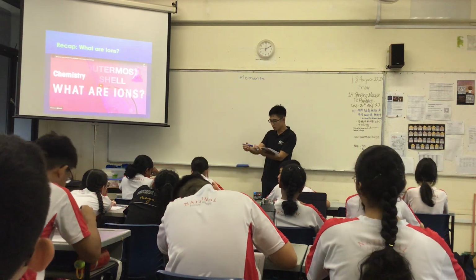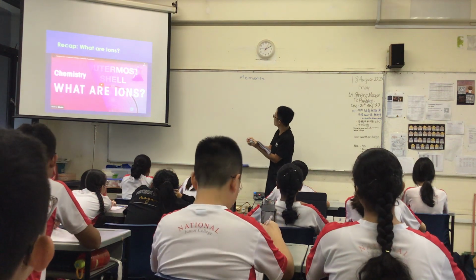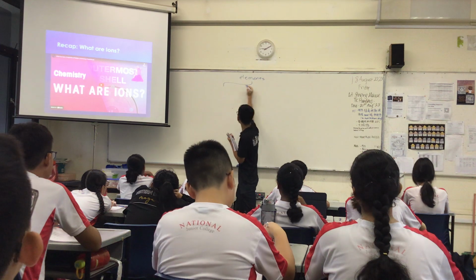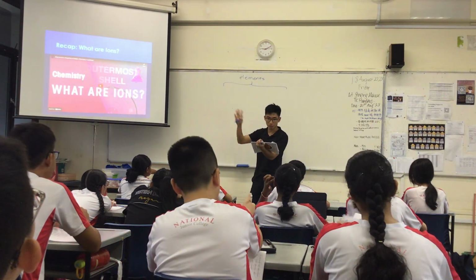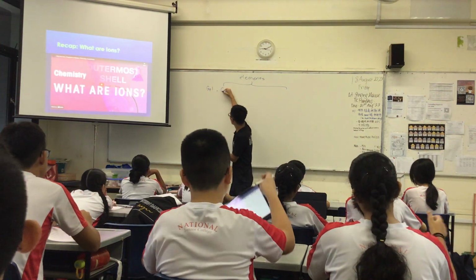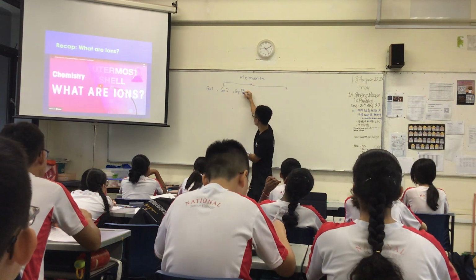Yeah? So, today we do a quick recap on ions. We learned that elements can be categorized in various groups. I'm going to broadly separate them into 2 categories of groups. First one, group 1, group 2, group 13.